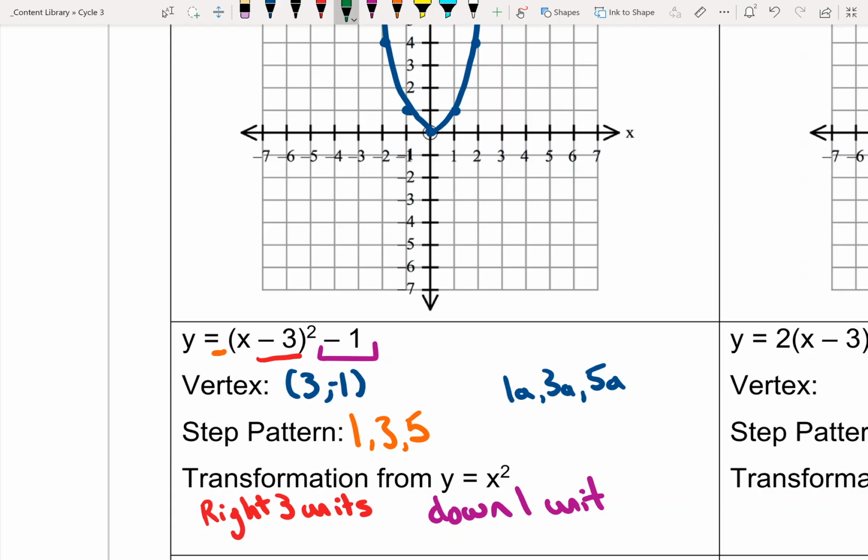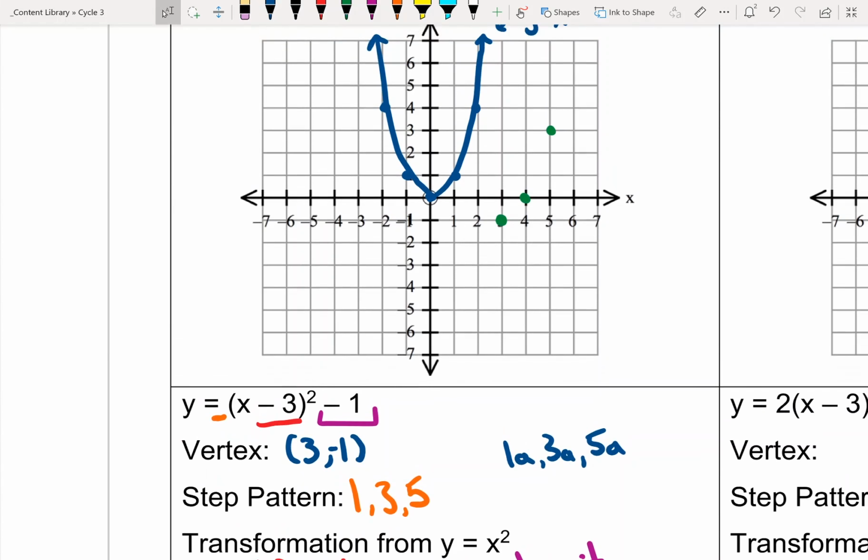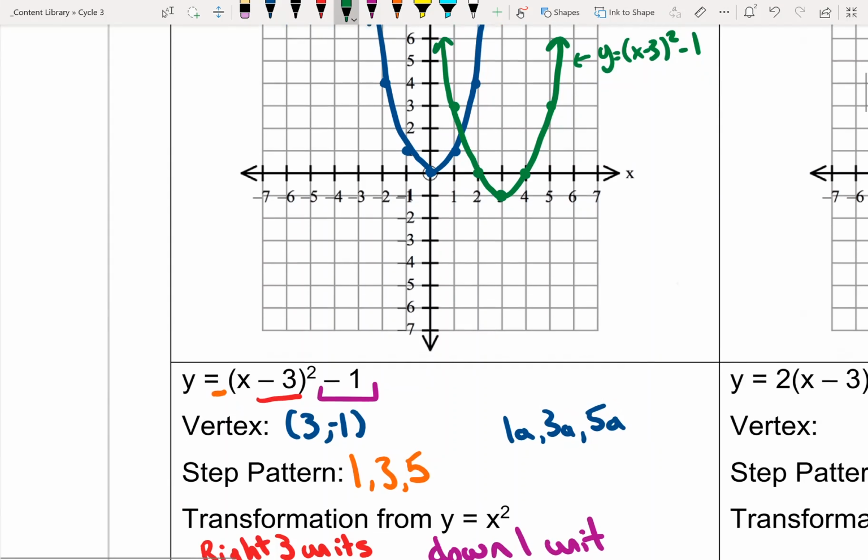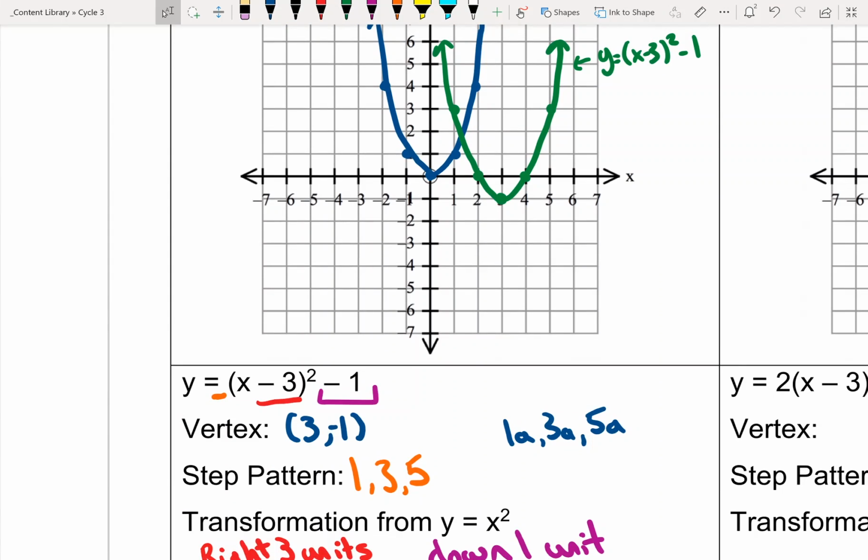If I know my vertex is over 3 and down 1, and I know my step pattern is over 1, up 1, over 1, up 3, and I can't really do 5 on the next one, and I know that it repeats on the other side, I can draw in my graph. So there is y equals x minus 3 squared minus 1.